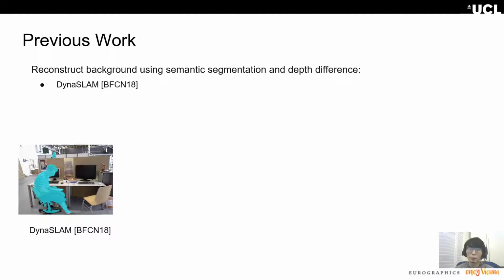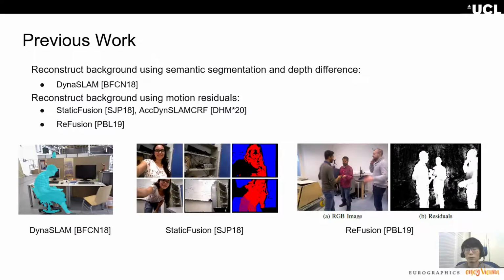As the problem is difficult, previous work used different strategies and assumptions to tackle it. Here is a method focused on capturing the background model in a dynamic scene. They either use semantic segmentation or solve motion segmentation using the camera tracking error. Here it includes Dynamic Blend, Static Fusion, and RigidFusion.